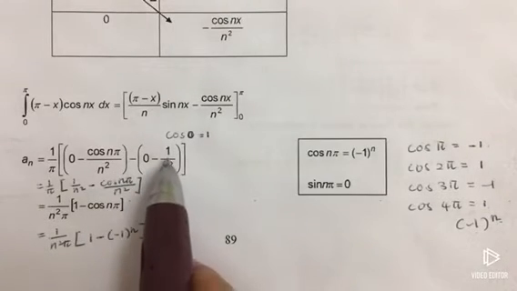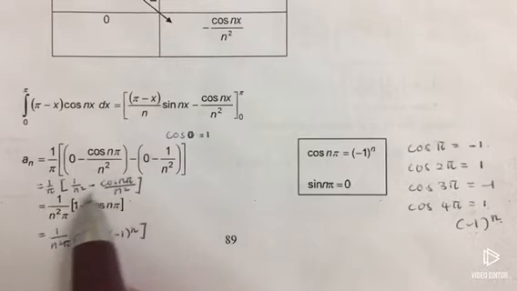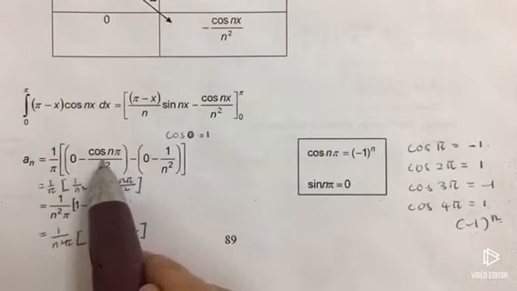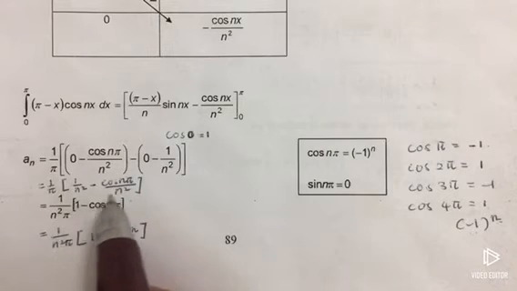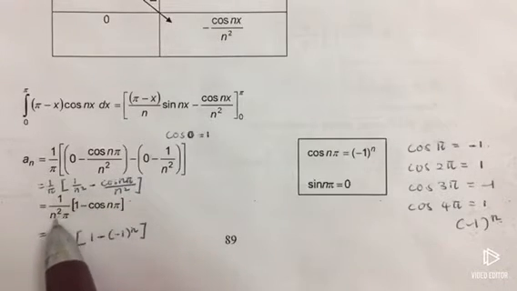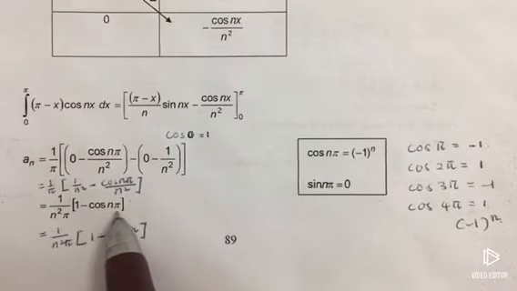Okay, now we rewrite negative, positive, so we get 1 over n squared minus cos n pi over n squared. Factorize n squared, take out, we get 1 over n squared times (1 minus cos n pi).